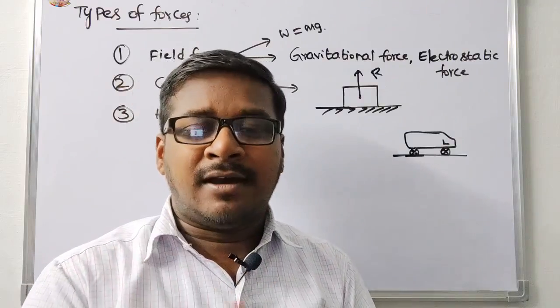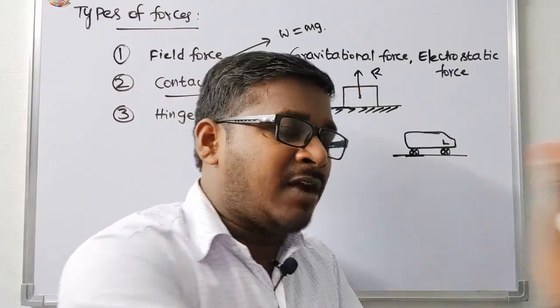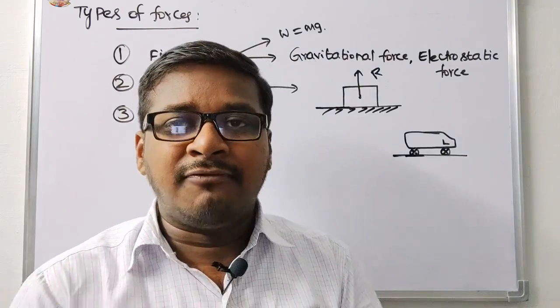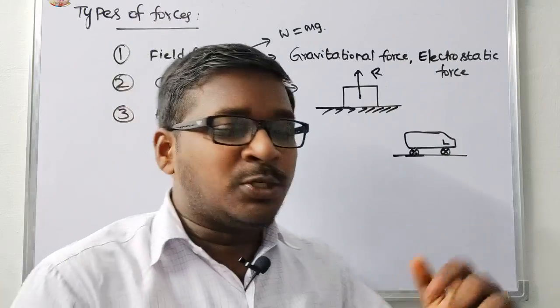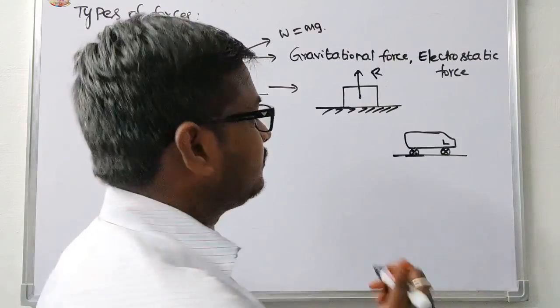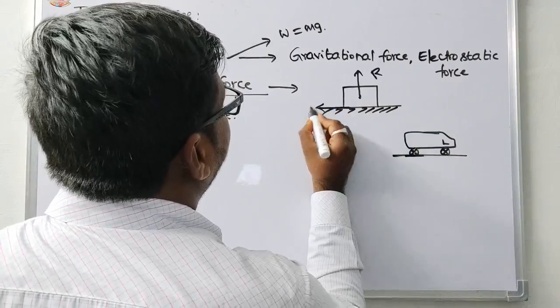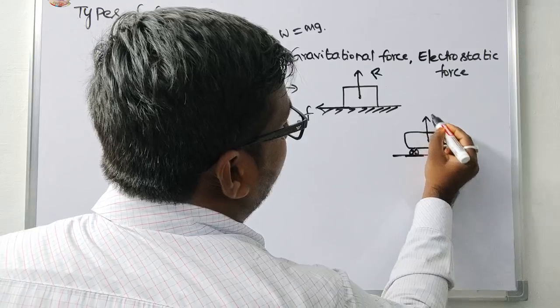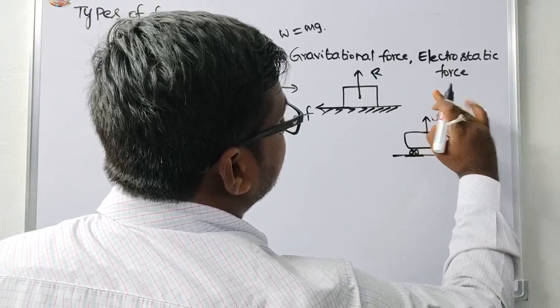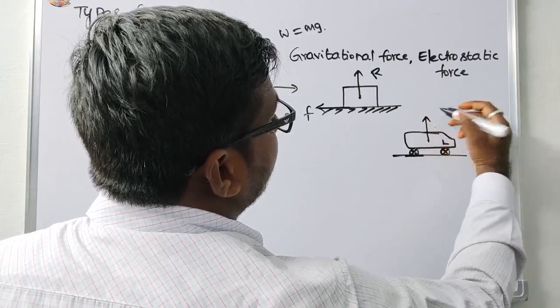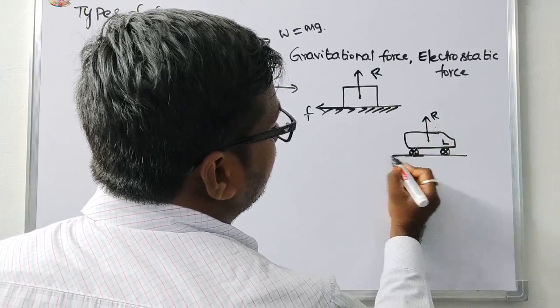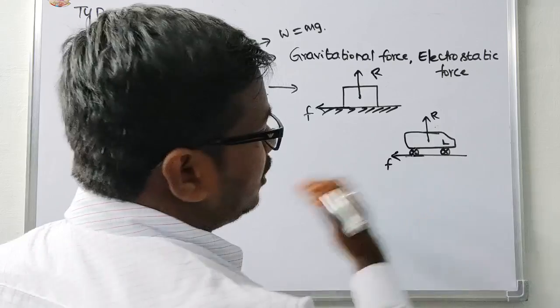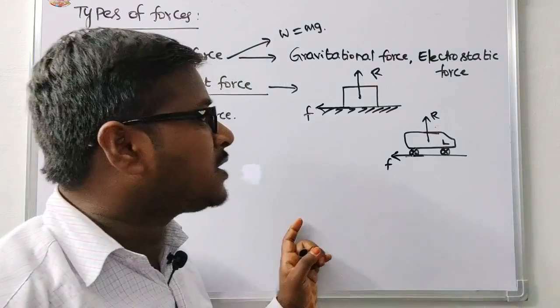The applied force acts in the forward direction, and frictional force acts opposite to the applied force. The normal reaction acts in the upward direction, and the frictional force acts to oppose the relative motion of the body.